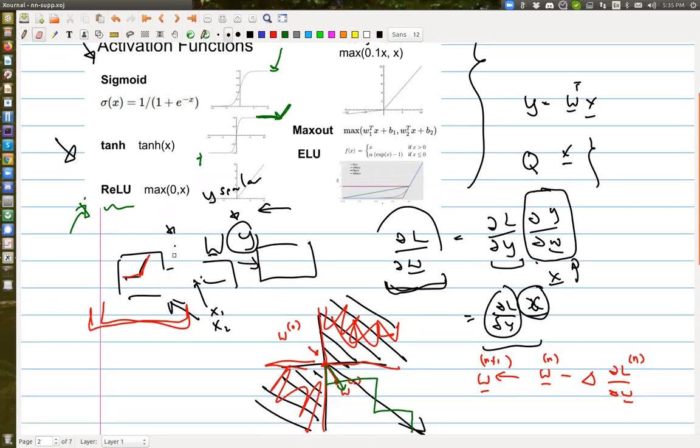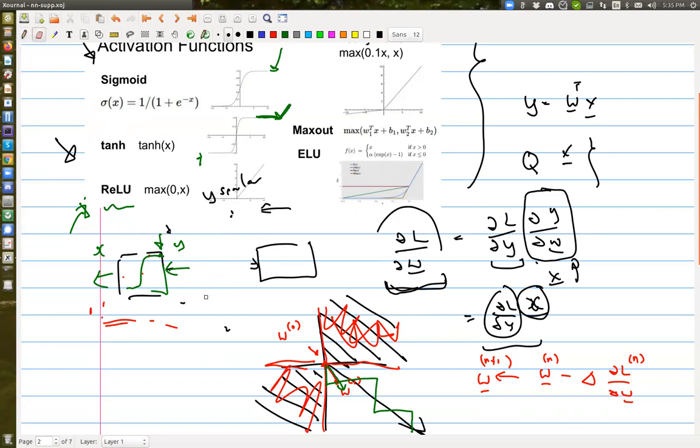Let's say I have the sigmoid here. This is the activation function. When I do backprop, let's say my input is at this range here, at this point. I have x at this point, and I get some value y here, whatever.